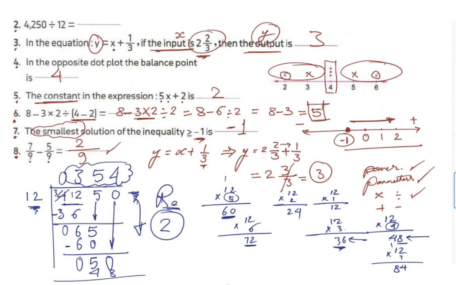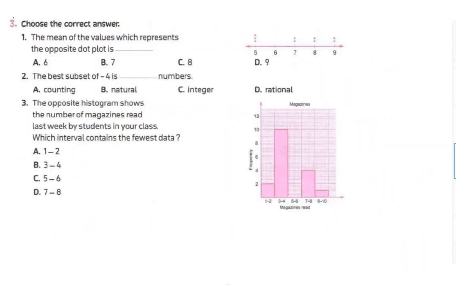Now this 0, no need of it. Now the answer is 354 with remainder 2. So let's continue to question number 3.